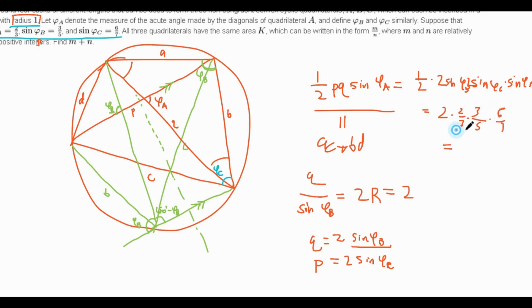The 3's cancel out, and we're left with 2 times 2 times 6, which is 24 over 35, which gives us a final answer of 0.59. And we are done.